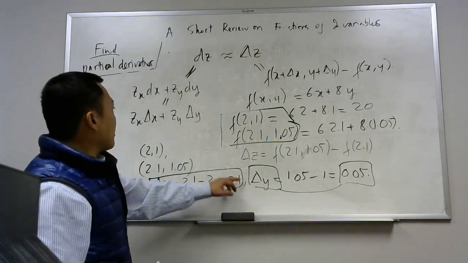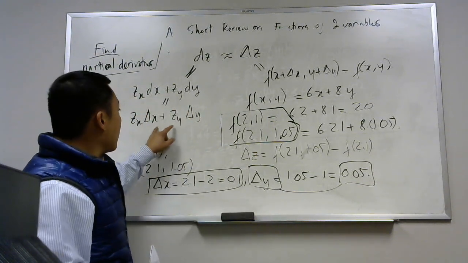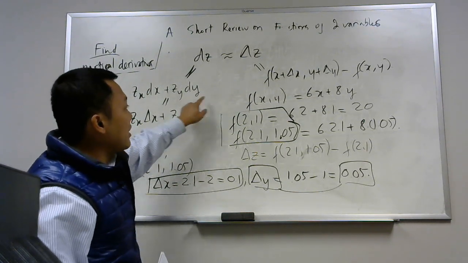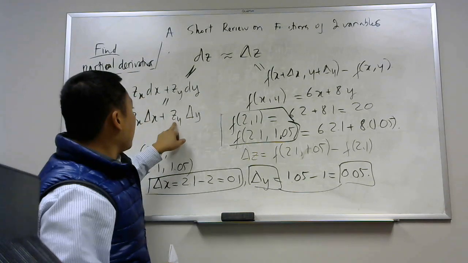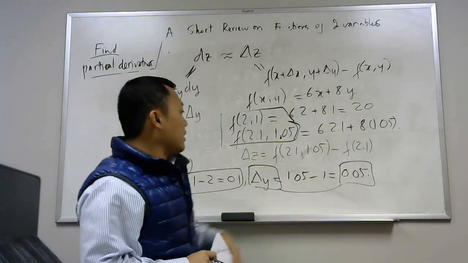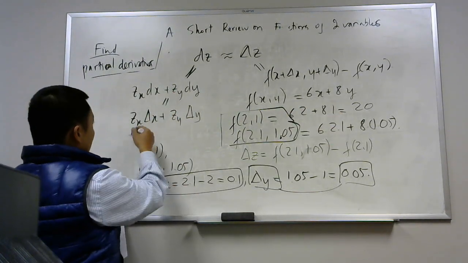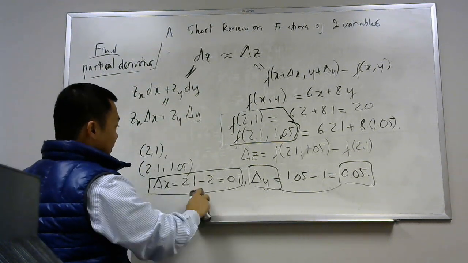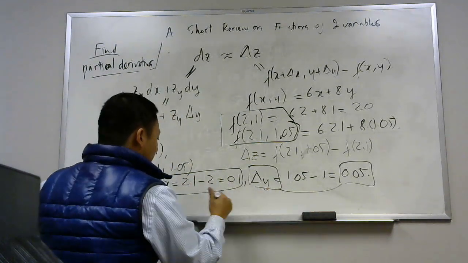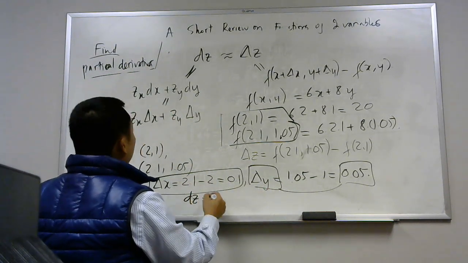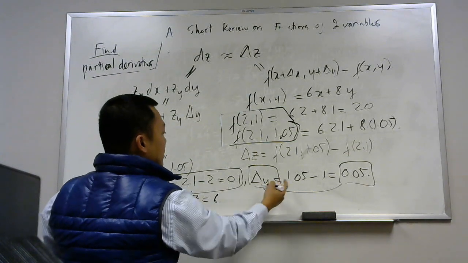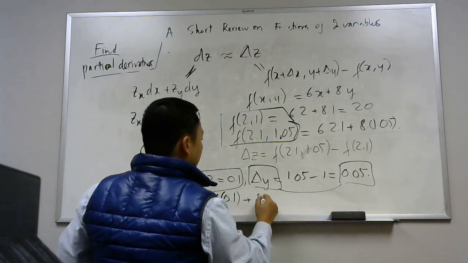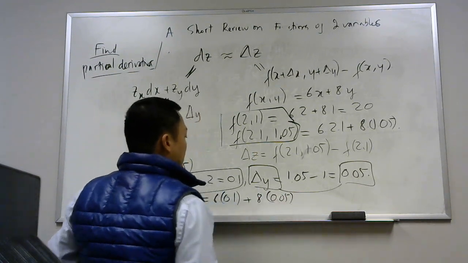You plug delta x and delta y into this. And of course, we need to find the partial derivative of this function with respect to x, which is 6, and the partial derivative with respect to y, which is 8. So if you calculate the differential of this function, you get the following: 6 times 0.1 plus 8 times 0.05.